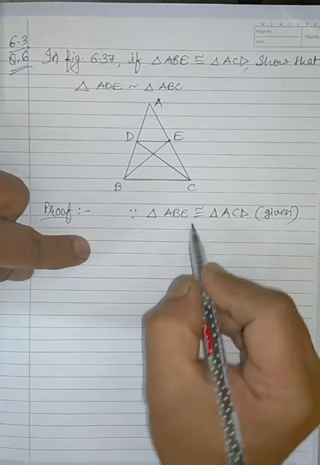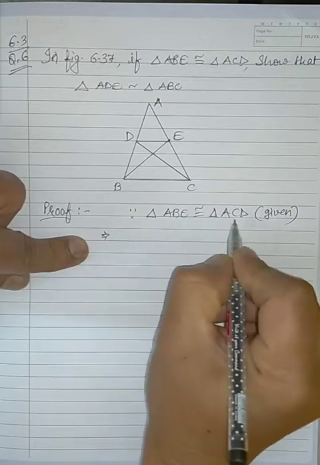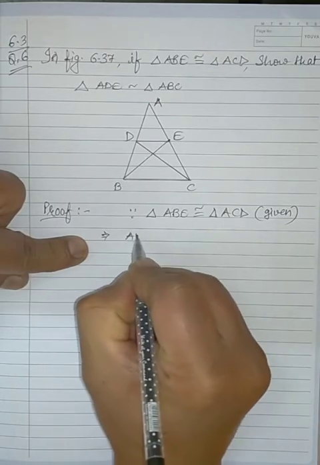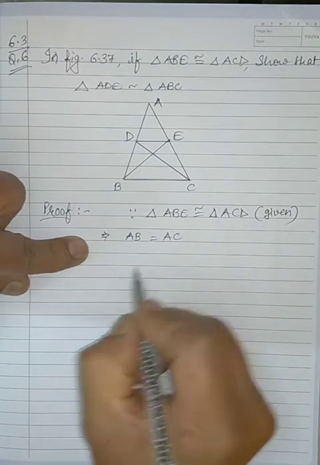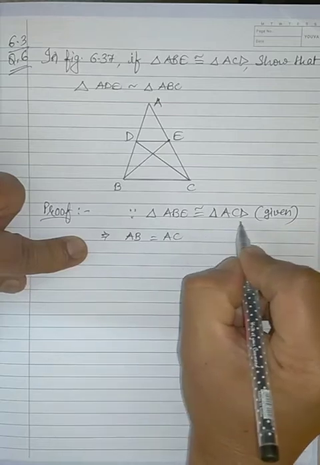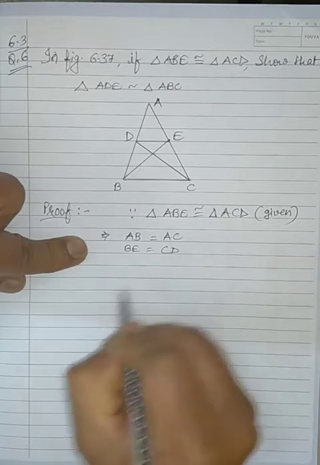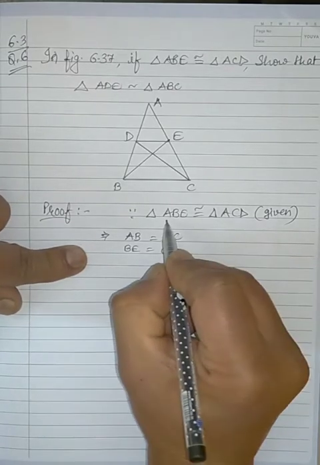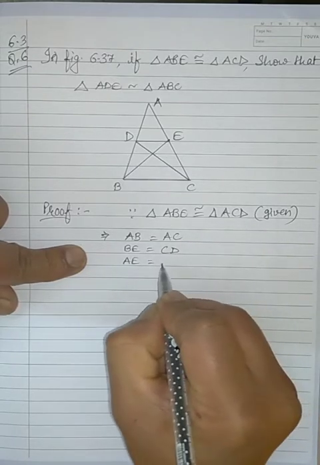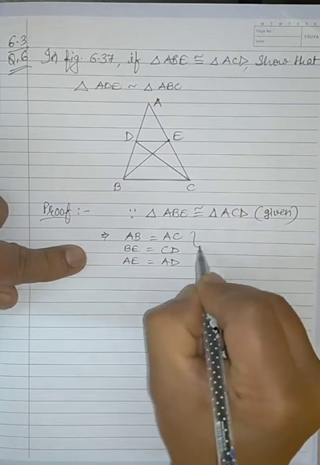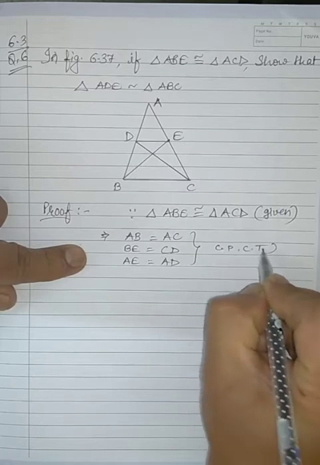So AB is equal to AC, as they are congruent, BE is equal to CD, and AE is equal to AD. All these three because of corresponding parts of congruent triangles, CPCT.